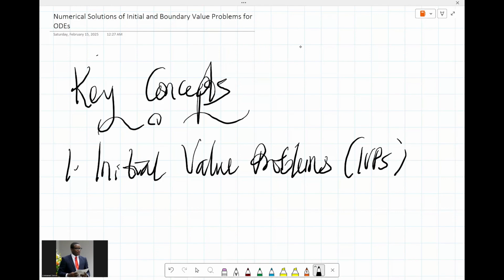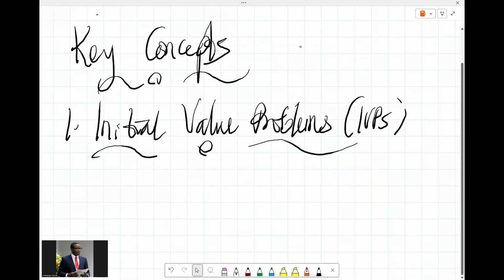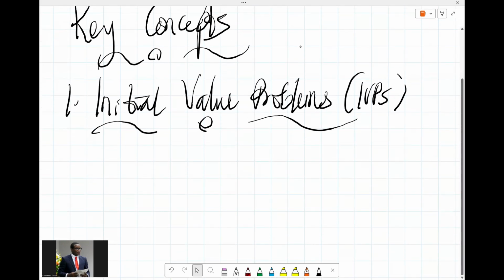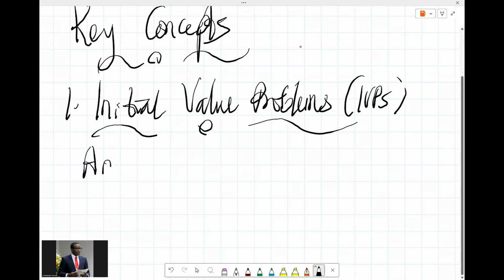I'm here to do a playlist actually on differential equations generally, but definitely it's going to come. But then the numerical thing is coming first, so that's fine. So initial value problems. So what does this mean?